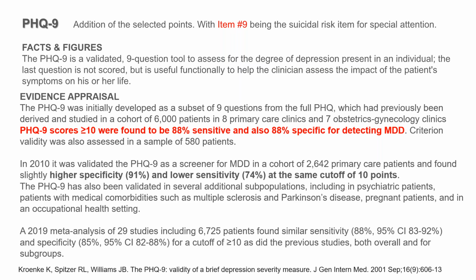And more recently, just in 2019, another paper was published looking at 29 studies that cover almost 7,000 patients. And again, they're also reporting very high sensitivity and specificity in these as well. So it's got a lot of reliability and a lot of use, and it's one of the ones I recommend for people.